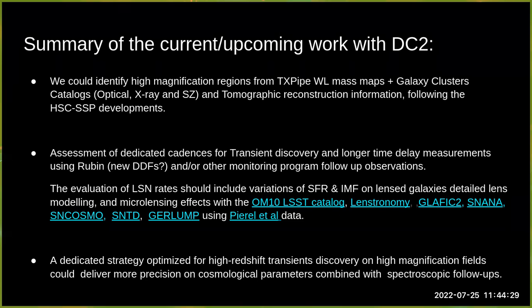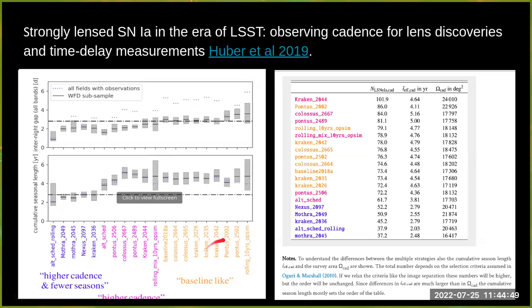The point here is to analyze how many of these fields it is possible to observe, but the results will be similar, right? But I'm not trying to cover all the sky. That is an answer that I will try to provide, maybe for the next meeting.